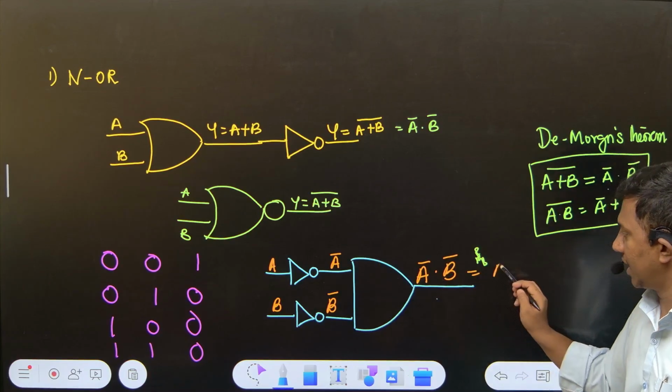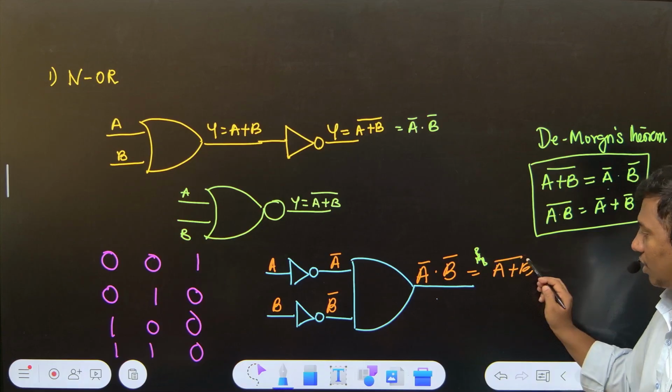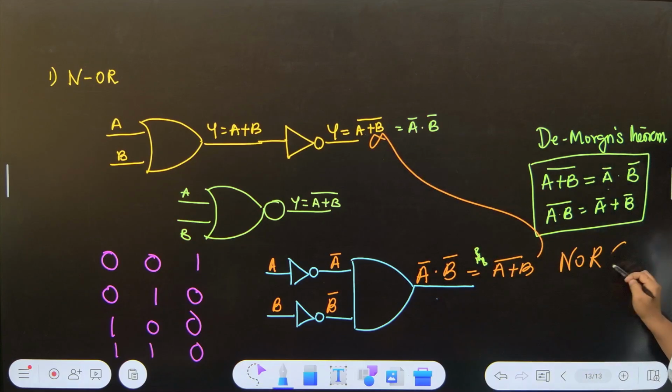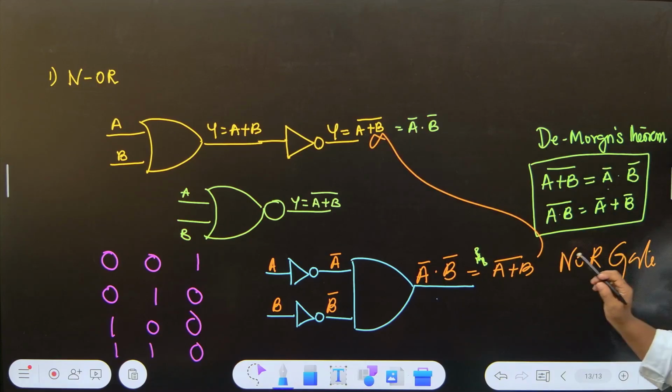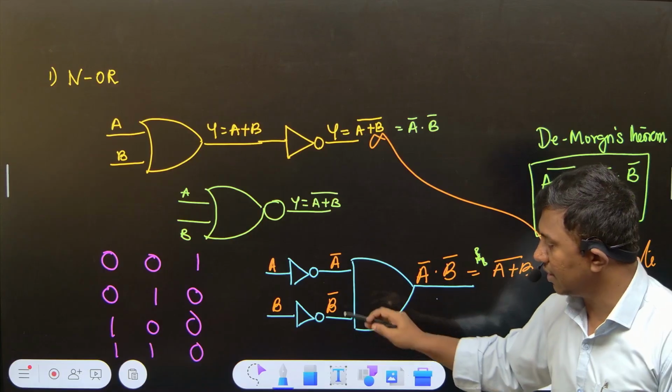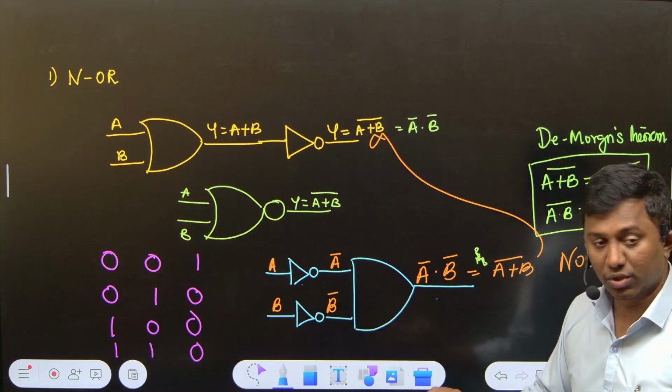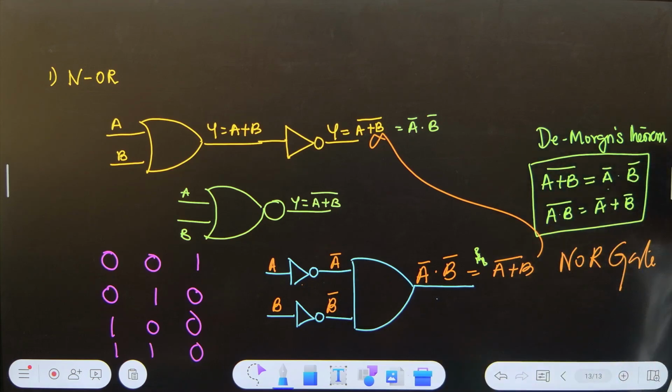And this can also be written as A plus B whole bar. That is exactly the same as the NOR gate only. That means a NOR gate can also be designed using NOT gates and an AND gate. Are you able to understand? So they will ask you which of the gates represents OR gate.